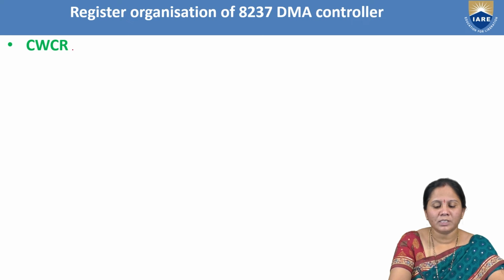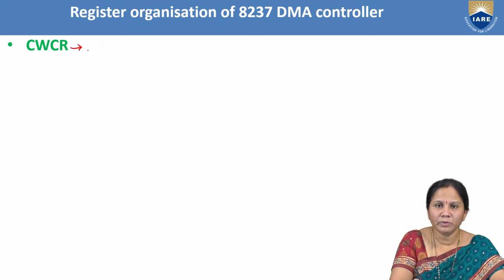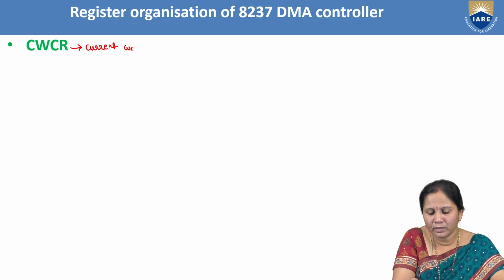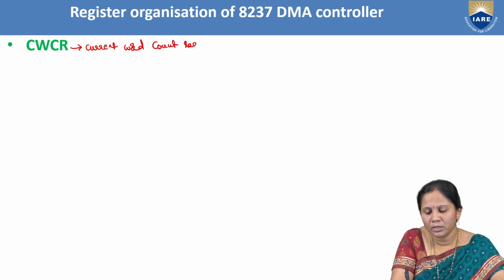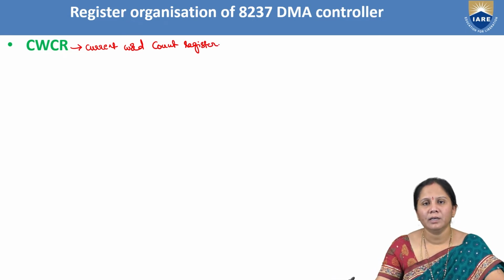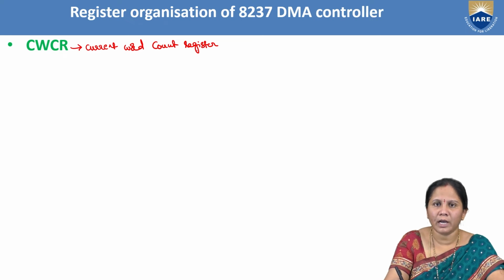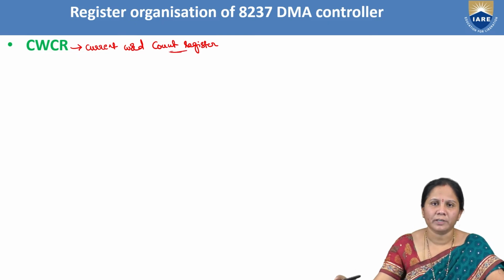Now, this is the second internal register, CWCR. The CWCR represents the current word count register. Previously the current address register was related to storing the address of the device, but this is the current word count register.